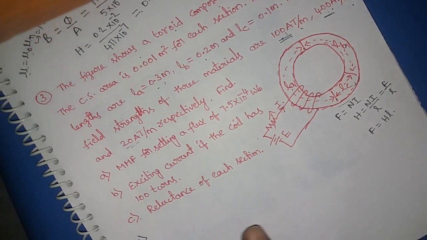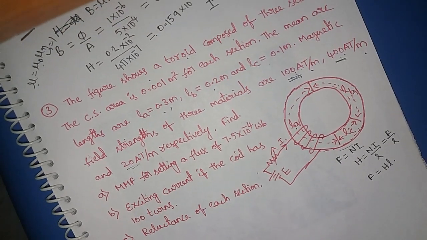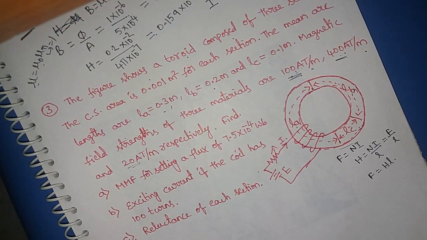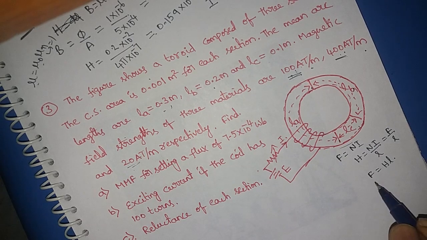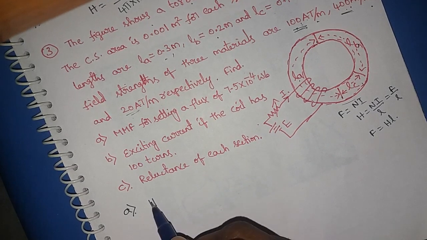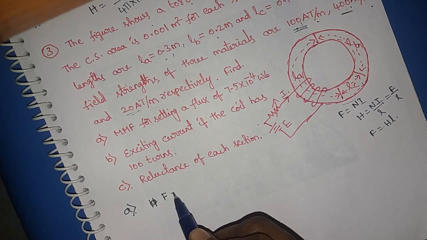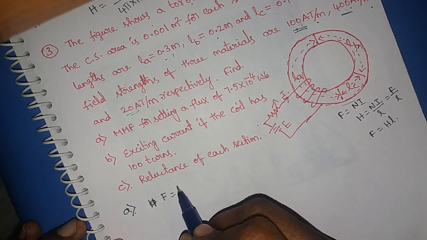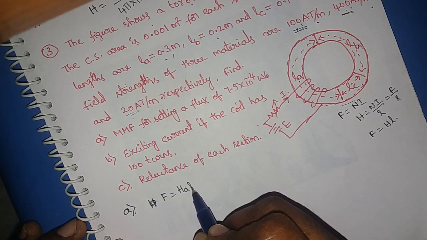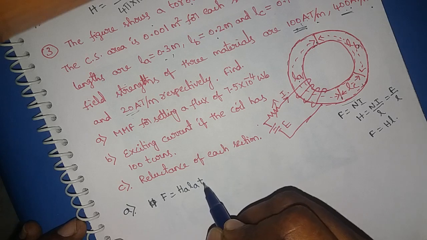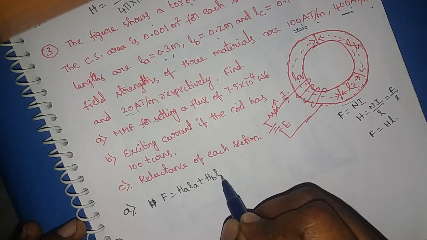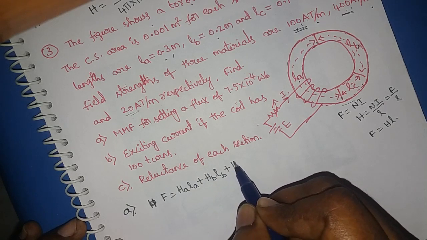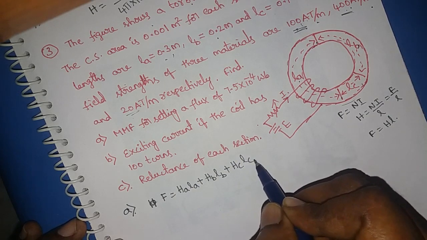So here I am applying the same formula. F is equal to, calculating for each section individually, HA into LA plus HB into LB plus HC into LC.